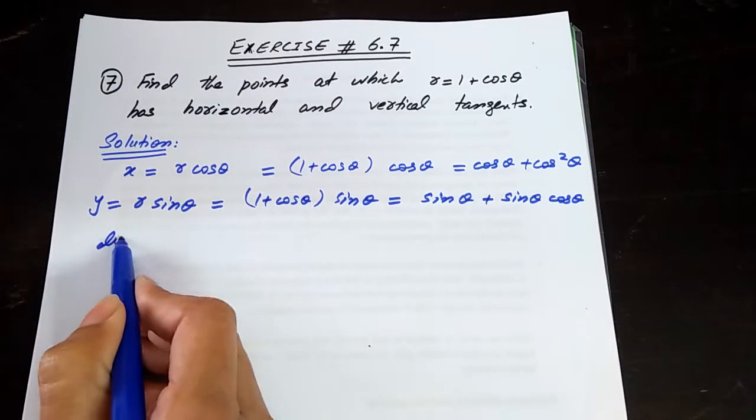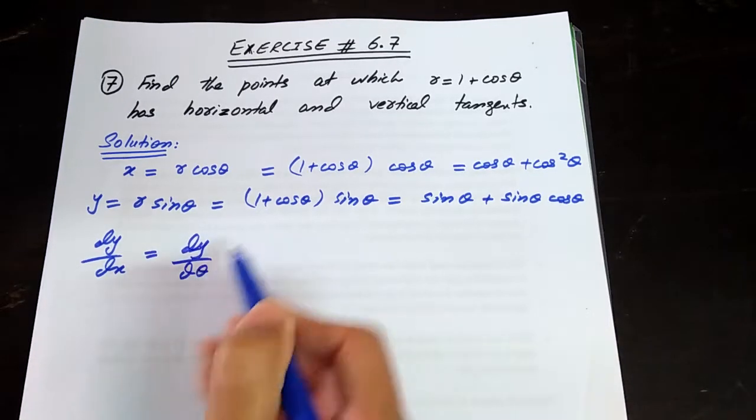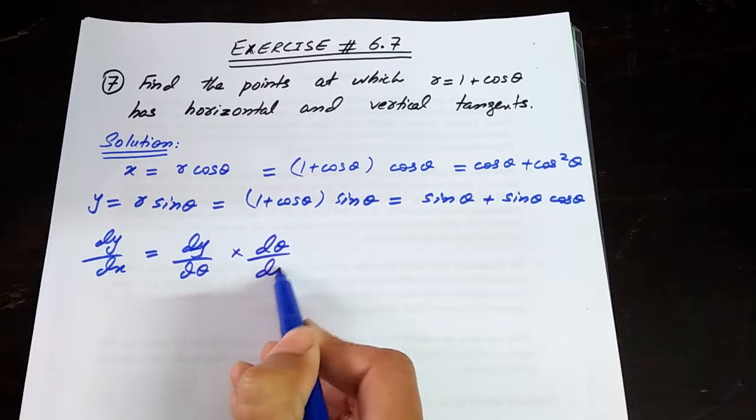We know that dy by dx can be written as dy by d theta times d theta by dx.